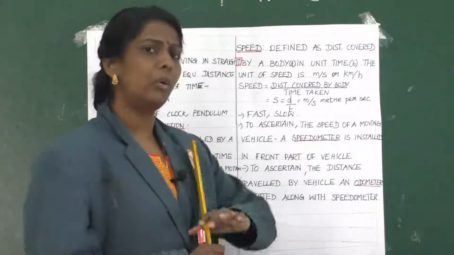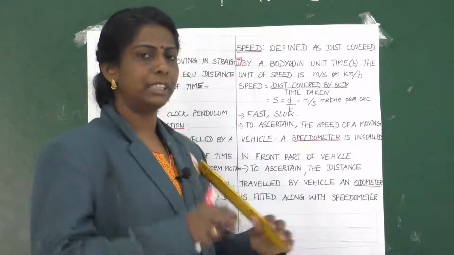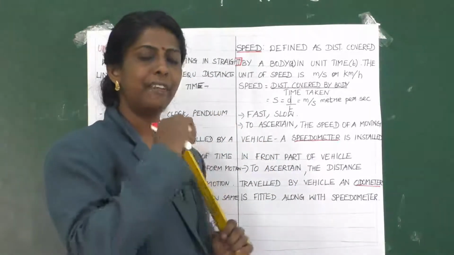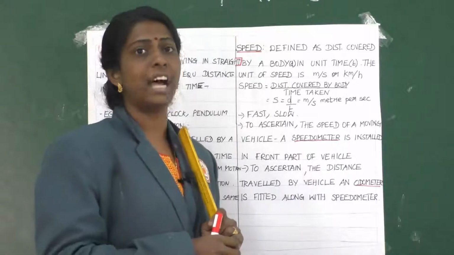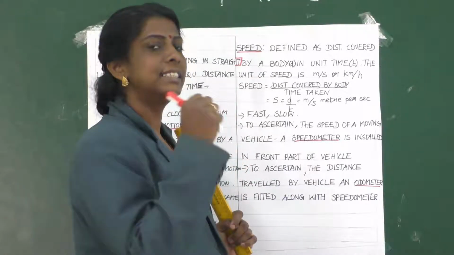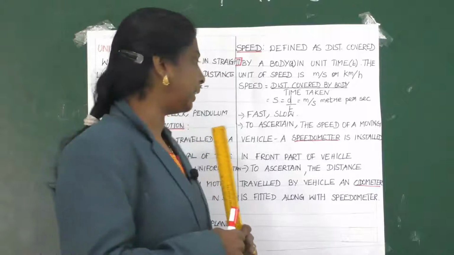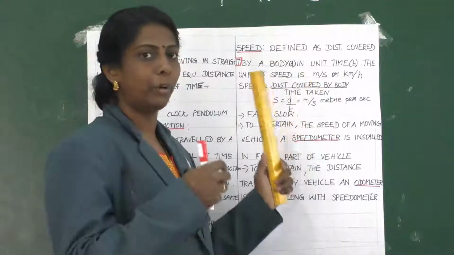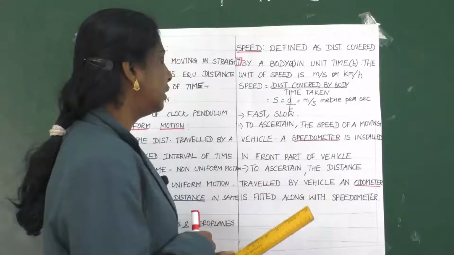So speed will always vary. If you are traveling by foot, it will take long. Is it not? If you are traveling by car, you can go fast. Is it not? Yes, there is a difference in speed. So to measure the speed, the formula is distance covered by the body by time taken.